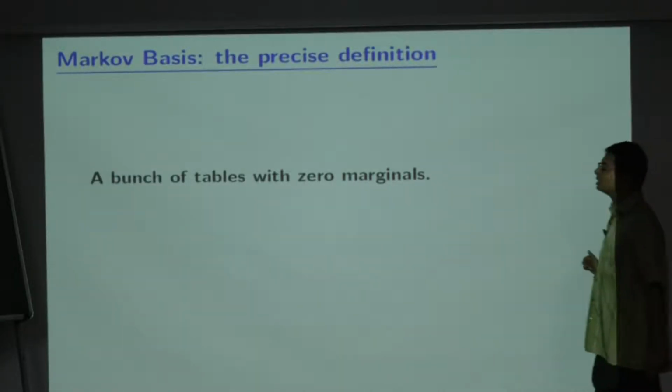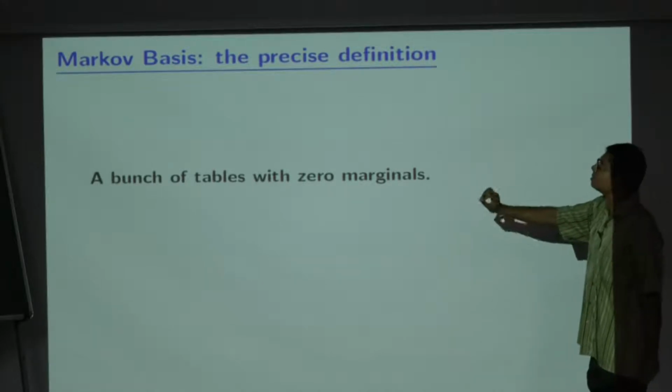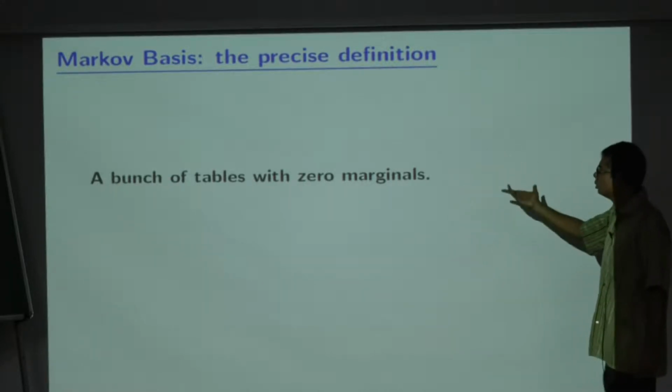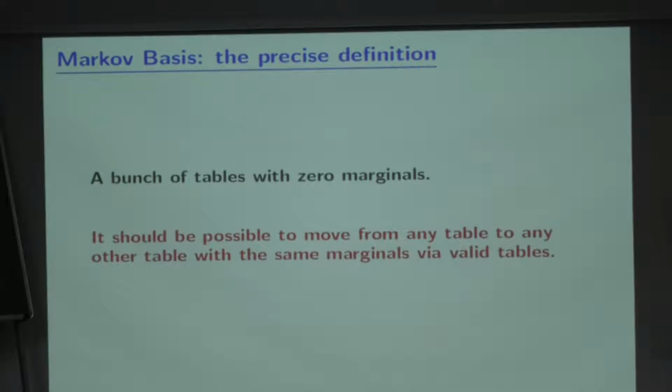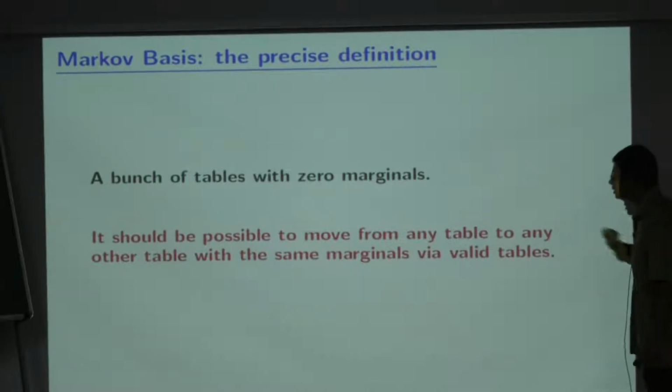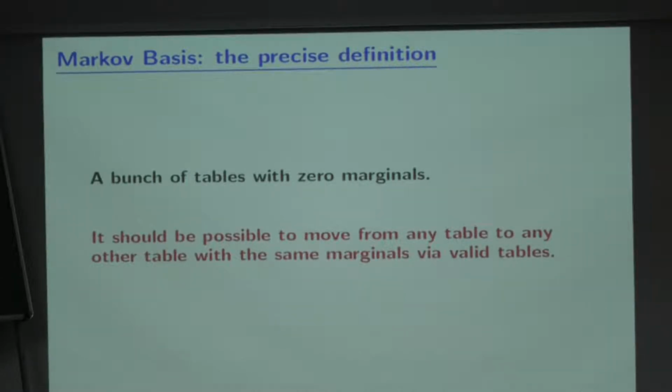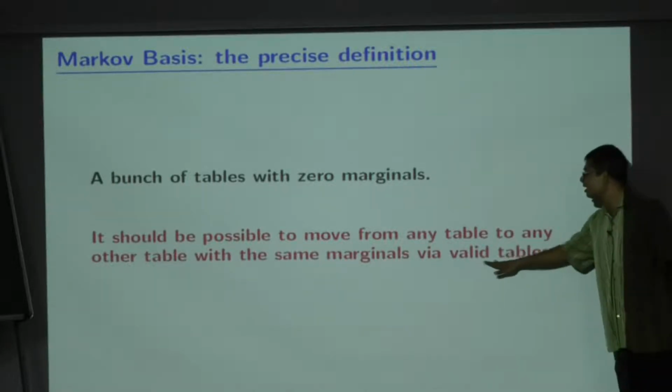So the precise definition is, we already know it's a bunch of tables, finitely many tables with 0 marginals. The totals are all 0. Now, the other condition, slightly less trivial condition, it should be possible to move from any table to any other table with the same marginals via valid tables.